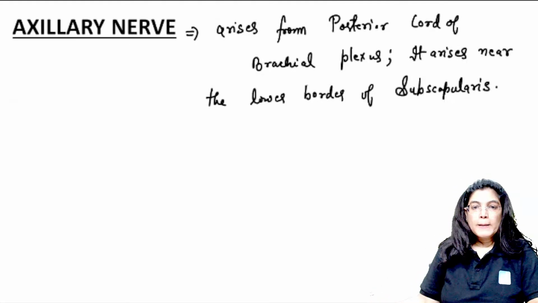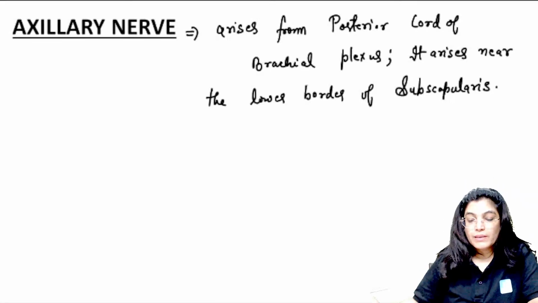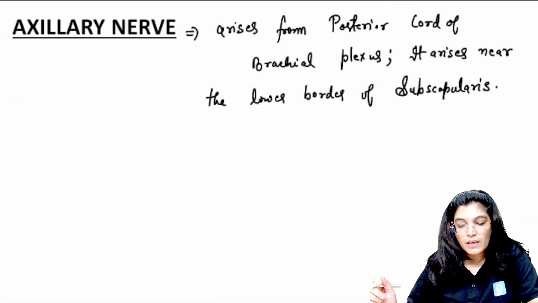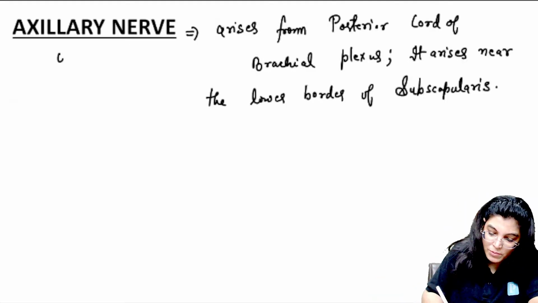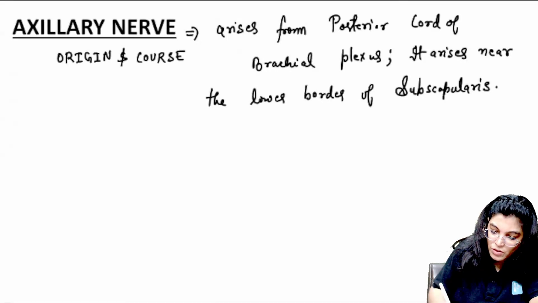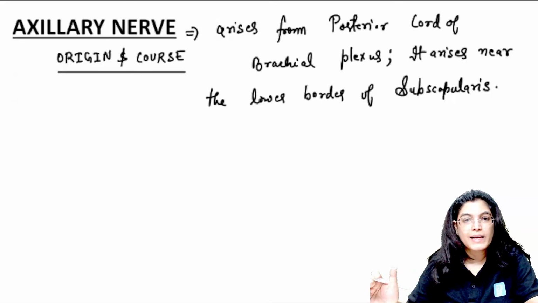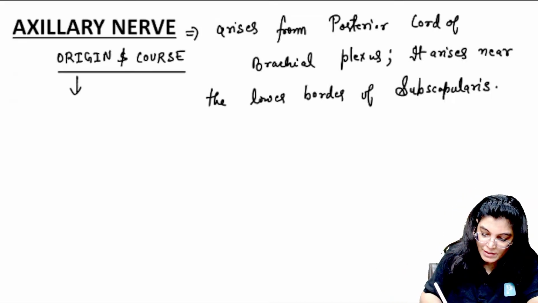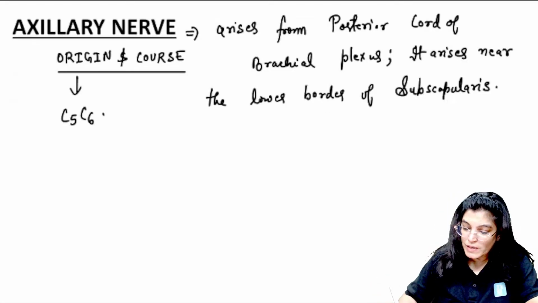Now, the axillary nerve runs backward on the subscapularis muscle and passes through the quadrangular space, as we have seen. We will talk about its origin and course in brief. It arises from the posterior cord of the brachial plexus, having the root value C5 and C6, near the lower border of subscapularis.